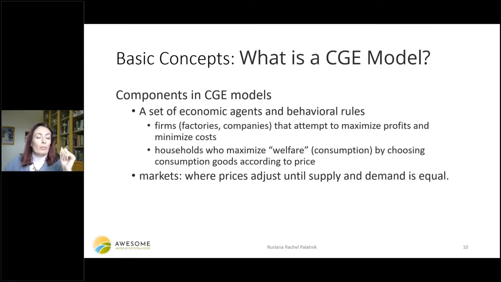When we say agents in the economy, we mean firms, like factories and companies, that attempt to maximize profits and minimize costs, and households who are assumed to maximize welfare by choosing the consumption of goods and services according to their prices. Another set are the markets, where prices adjust until supply and demand are equal.